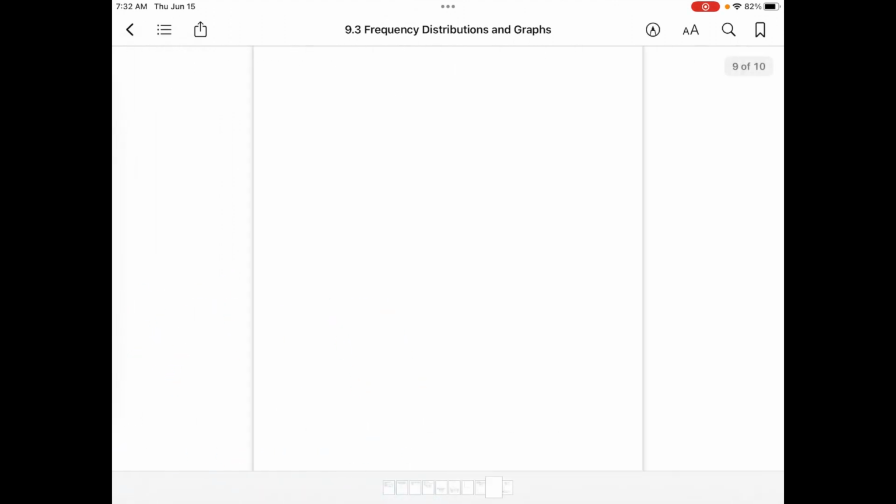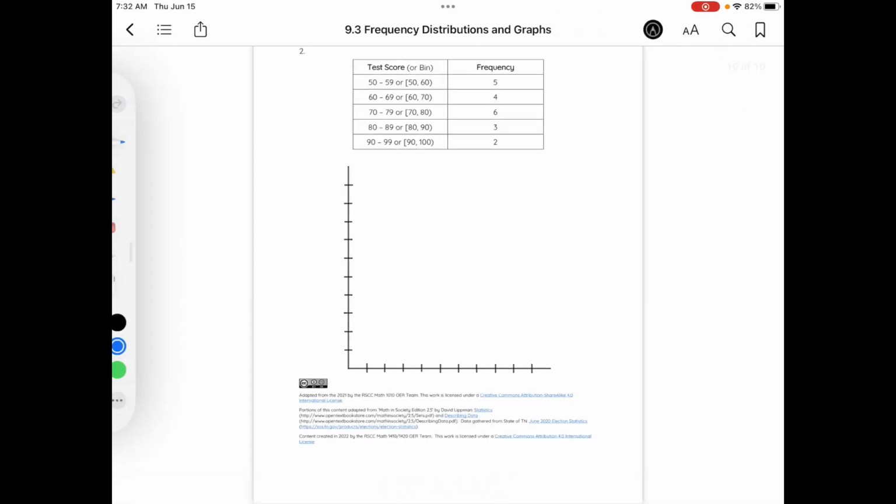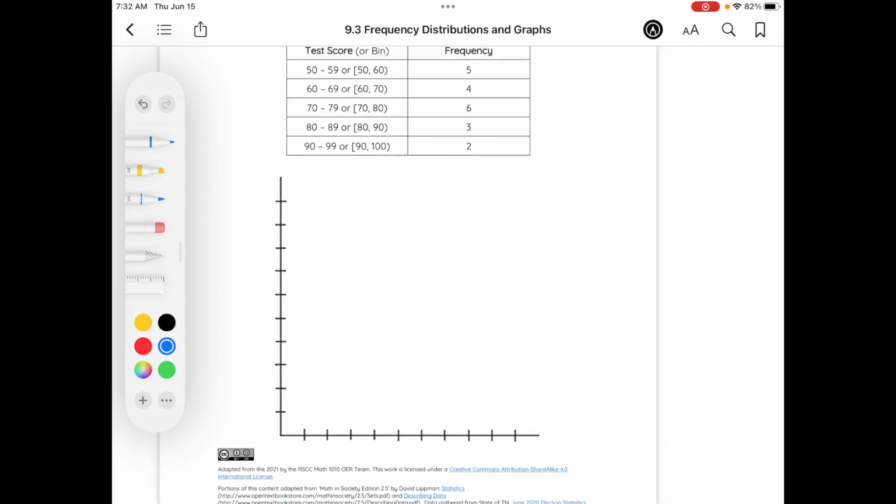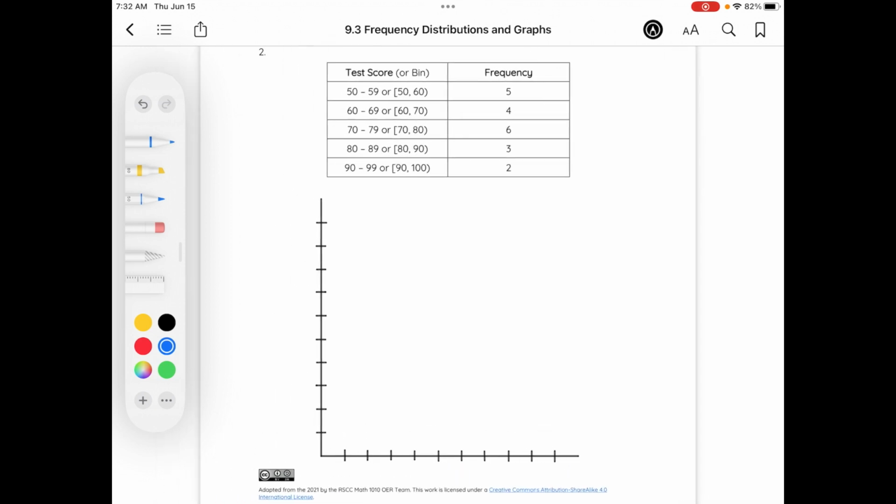Now, if we have bins or classes, like this last example, we're going to want to place our dot in the middle of where they would be. So just as we had set up our histogram, we'll think about going in the middle.